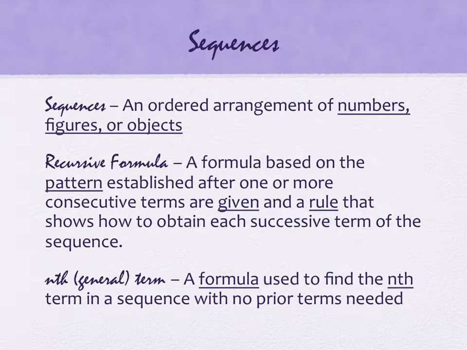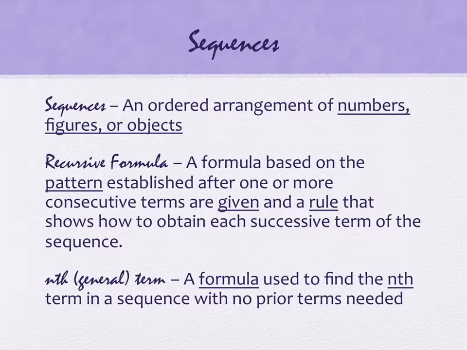Sequences are big time stuff. I remember them in the materials my kids used to bring home, right? It goes red square, blue triangle, red square, blue triangle. What comes next? That's a sequence. It's recognizing a pattern. Okay, so sequences don't have to be numbers. We're going to be working with numbers in what we're talking about, but sequences are actually much more broad.